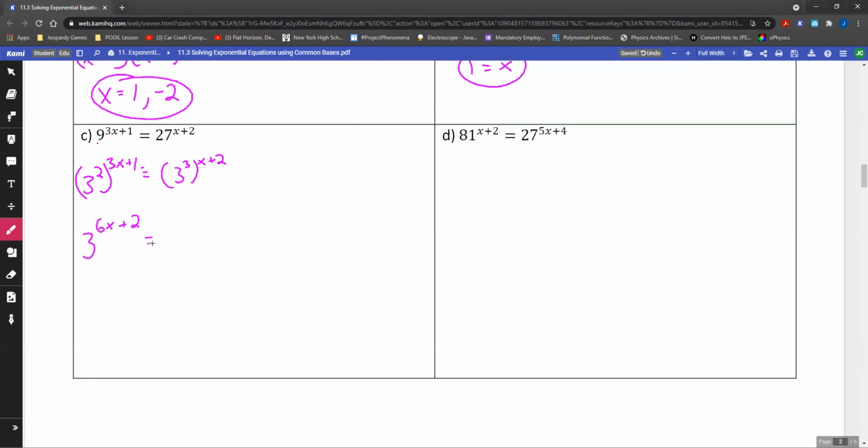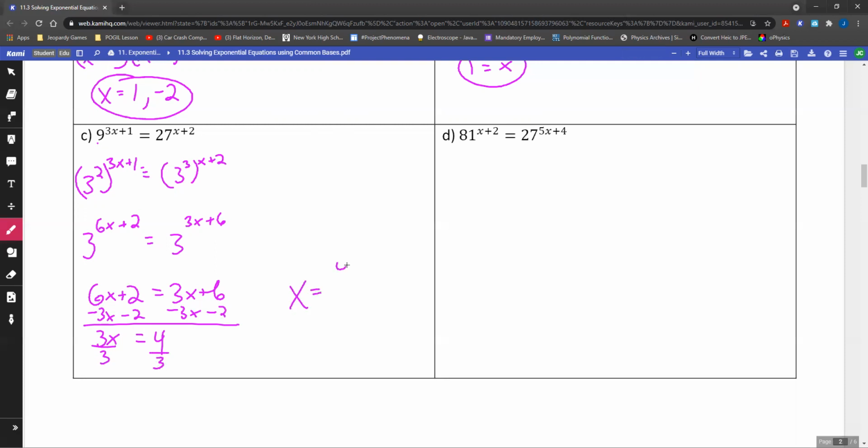And then over here, 3 times x is 3x, and 3 times 2 is 6. Now I have equal bases, so I get 6x plus 2 equals 3x plus 1. Subtract the 3x over, subtract the 2 over, and we end up with 3x equals 4. Divide both sides by 3, and I get x equals 4/3.